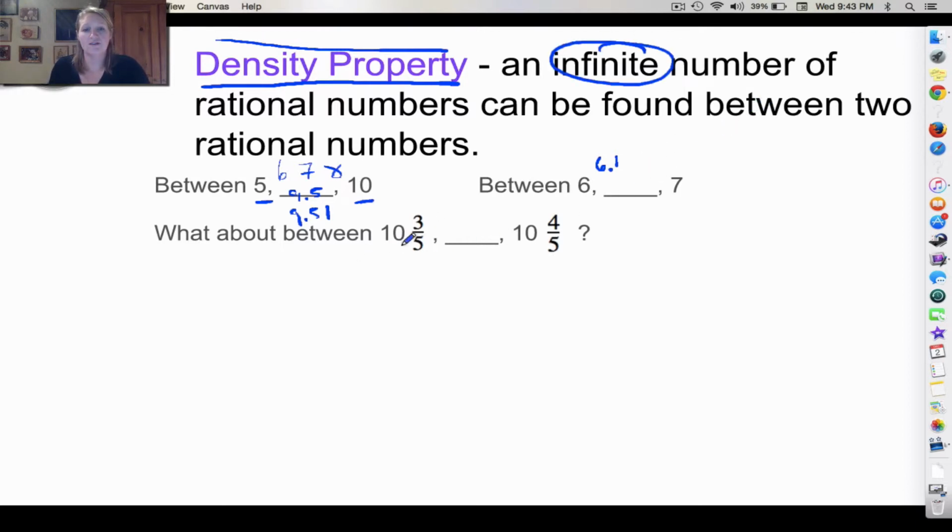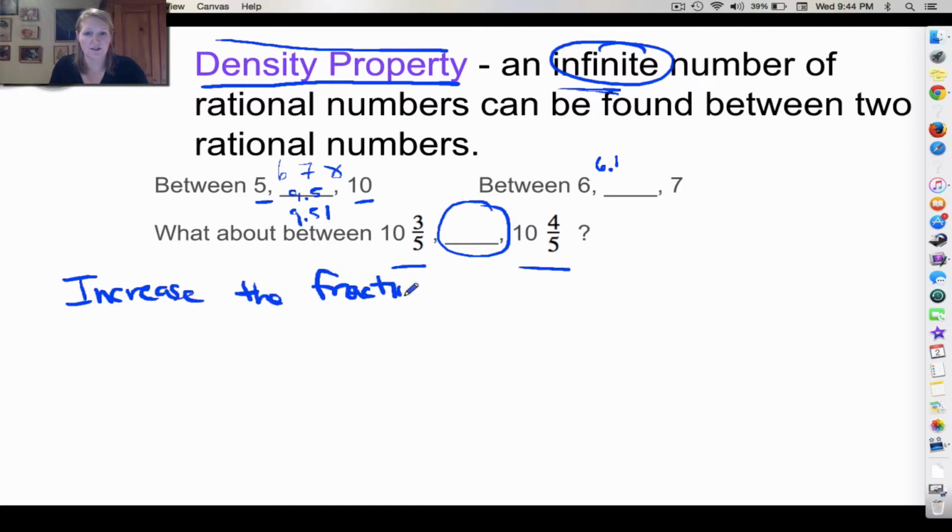So when you have these two, you're asking what comes between 10 and 3/5 and 10 and 4/5? What fits here? What are some of those infinite numbers that come between them? How can we figure those out? How we do that is we increase the fractions given, in this case the 3/5 and the 4/5, to greater equivalent fractions.